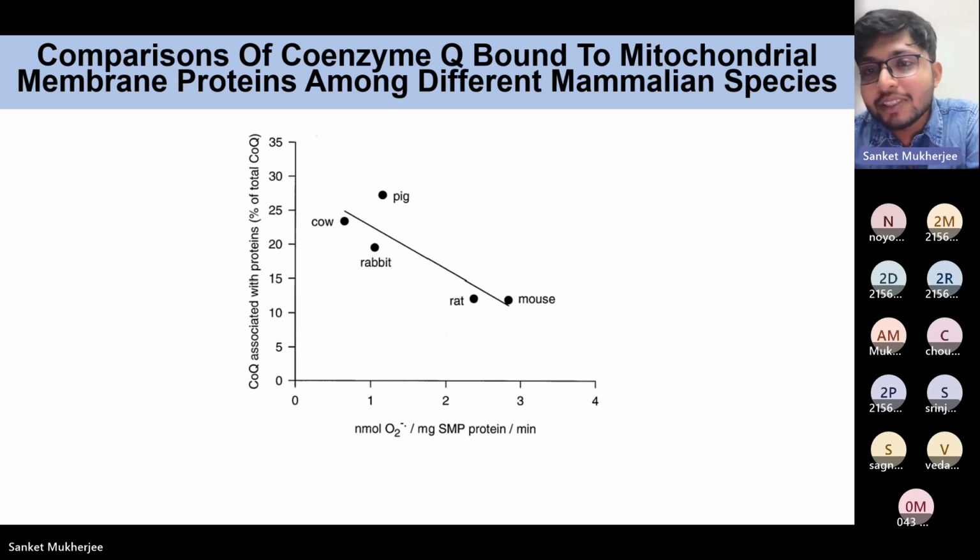There doesn't have to be any reason why it lives longer, but the cow lives longer and also has a higher amount of coenzyme Q associated with its mitochondria. That is another observation. So the animals which live longer have a higher amount of coenzyme Q associated with their mitochondria. Is that clear?